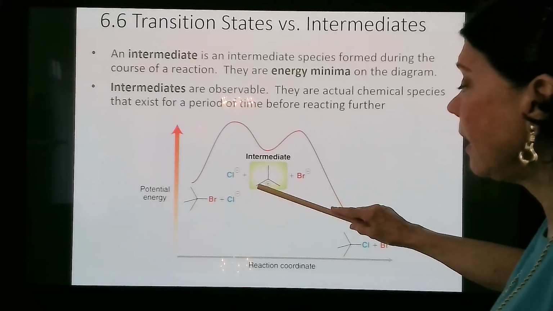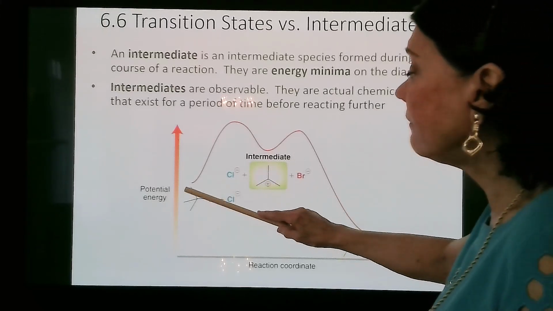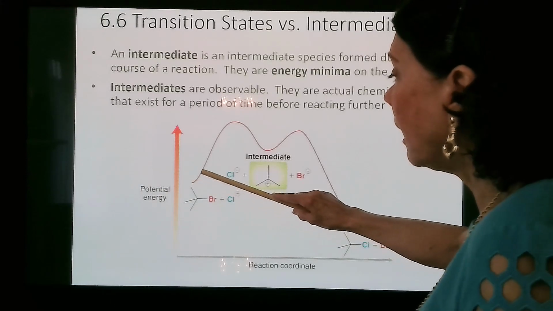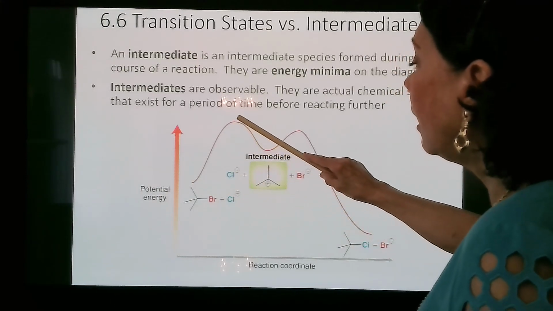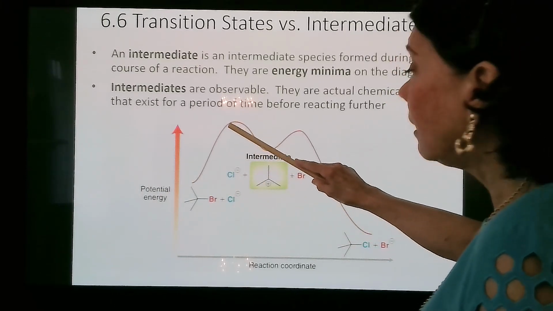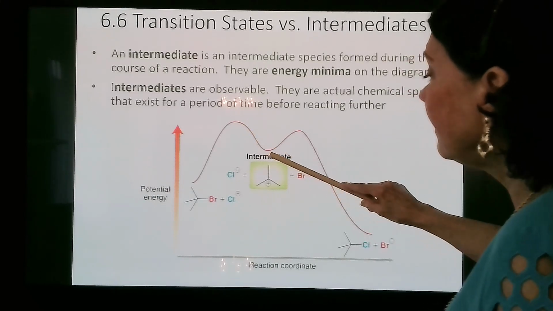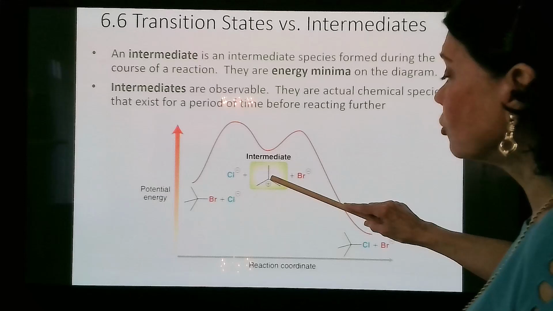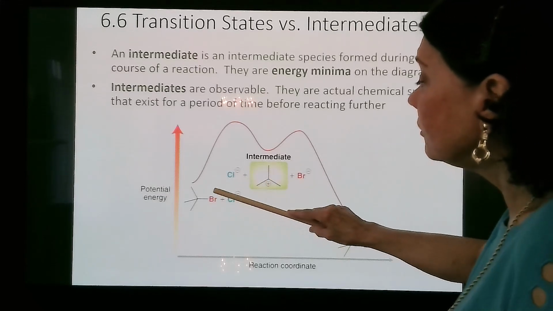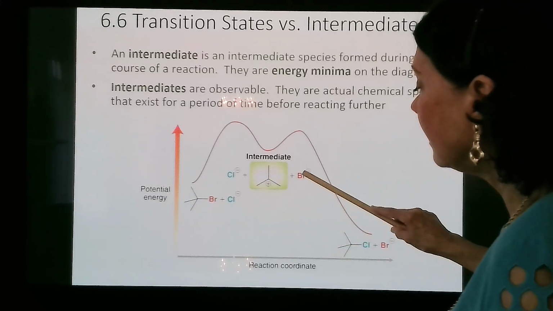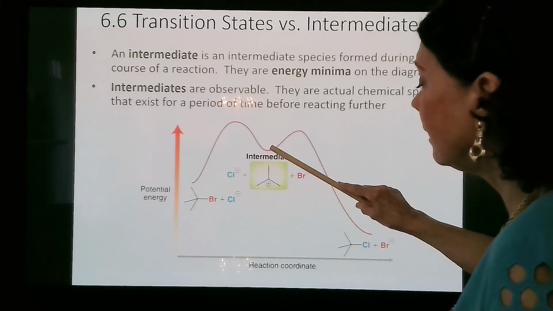This is a carbocation. So you have reactants coming together, going over an energy maximum, passing through a transition state structure. They are forming an intermediate. Here the C-Br bond has broken. You have a carbocation.